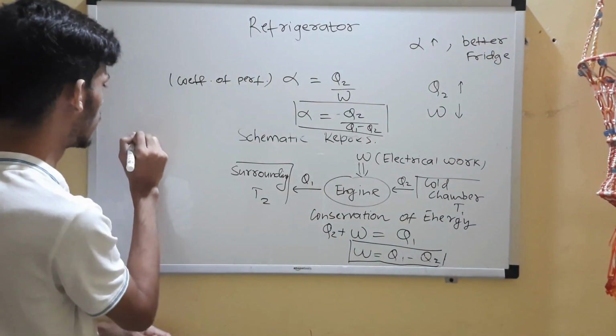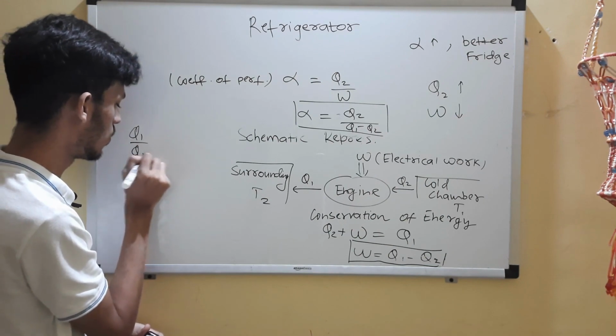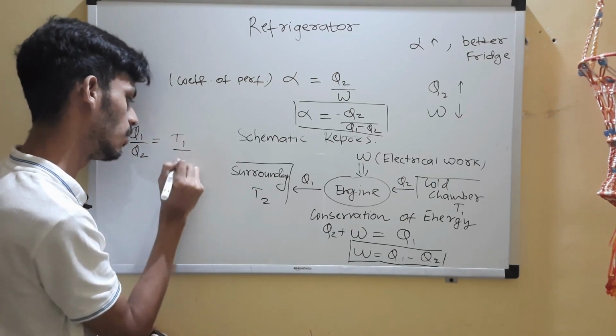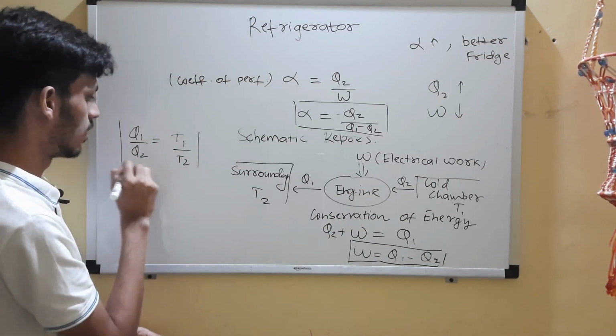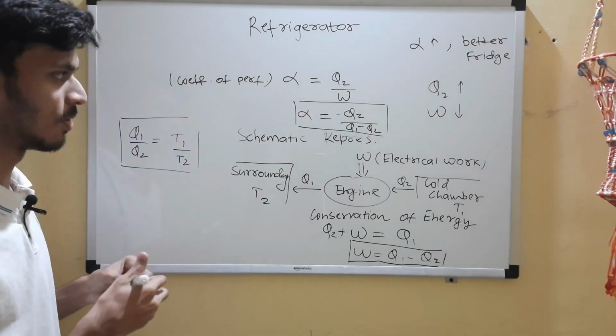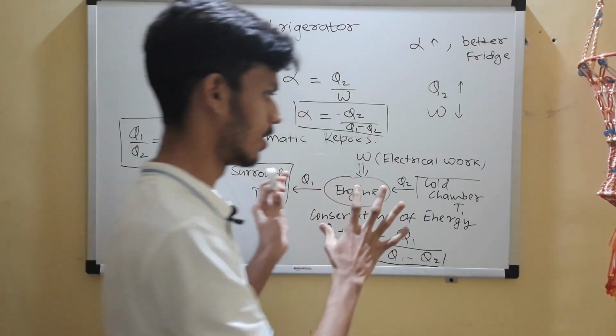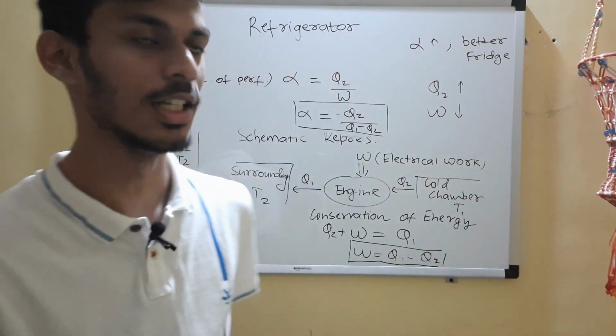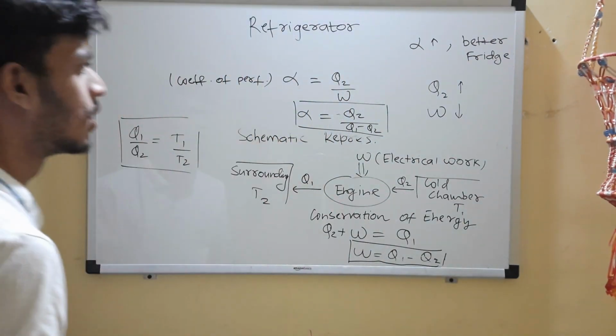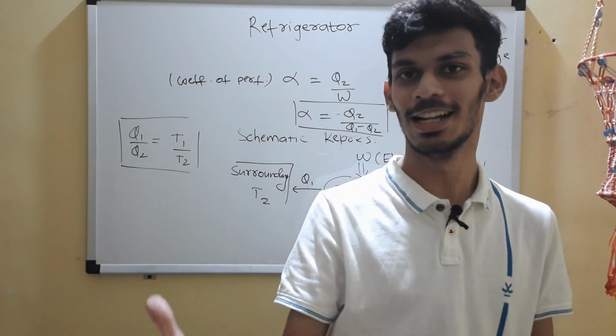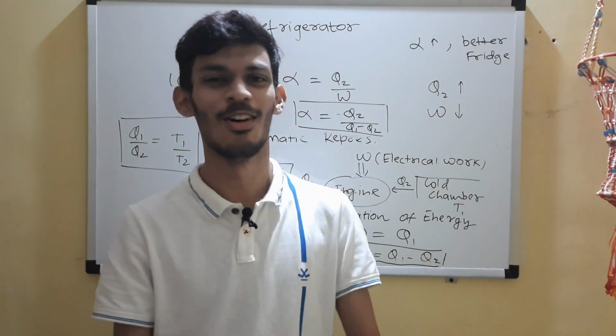You can also use the relation Q1 by Q2 is equal to T1 by T2 and obtain a relation for alpha in terms of the temperatures between which the fridge works. So the next time you go to buy a refrigerator, do check out the value of alpha.